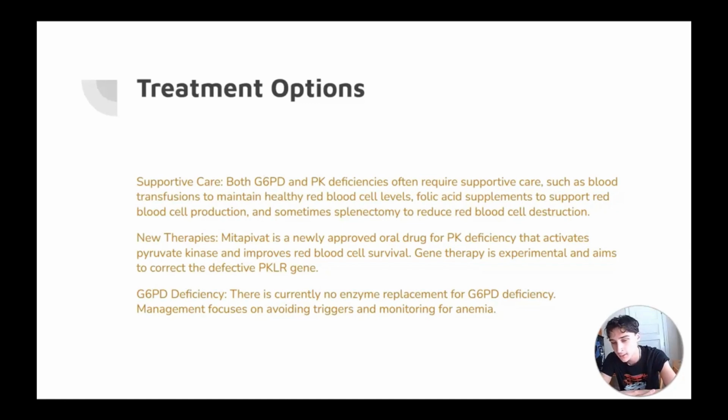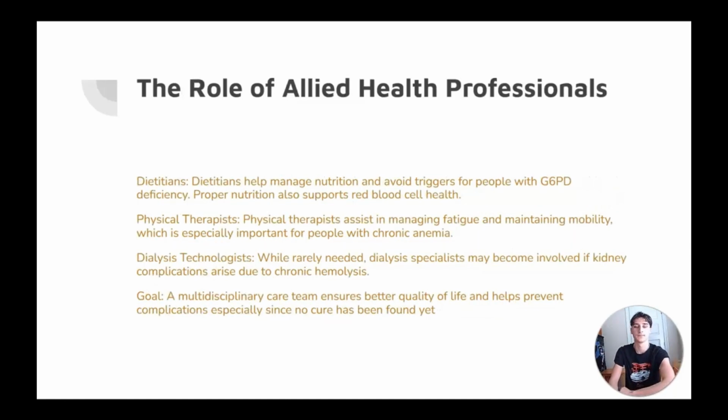Gene therapy is also relatively new and in the experimental stage, and it aims to correct the defective PKLR gene. In G6PD deficiency, there is currently no enzyme replacement, so management focuses on avoiding triggers and monitoring for anemia.